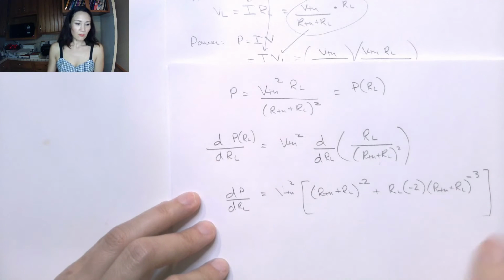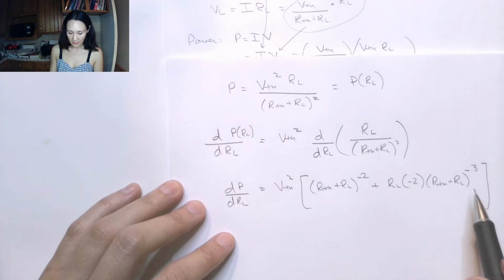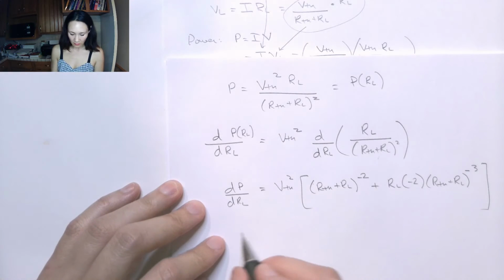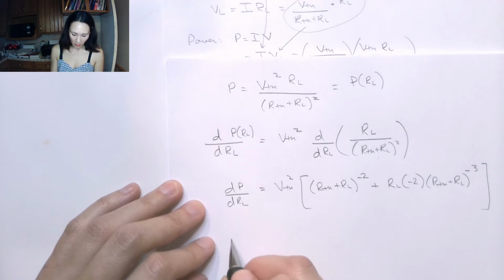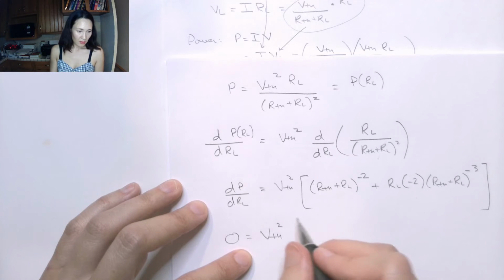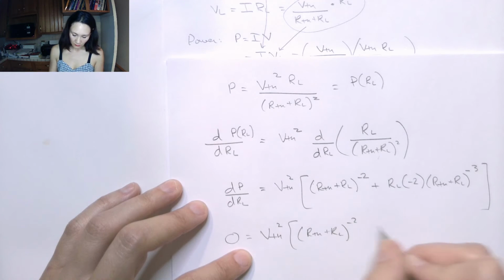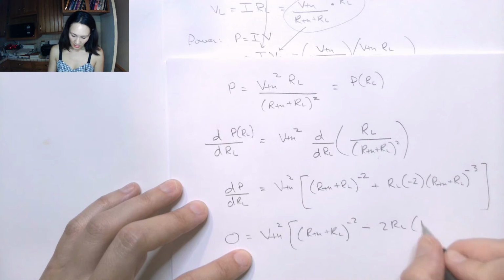Okay, great. So if I want to maximize the power function, I take the derivative and then set it equal to 0. So 0 is equal to V Thevenin squared times R Thevenin plus R load to the negative 2, minus 2RL times R Thevenin plus R load to the negative third.